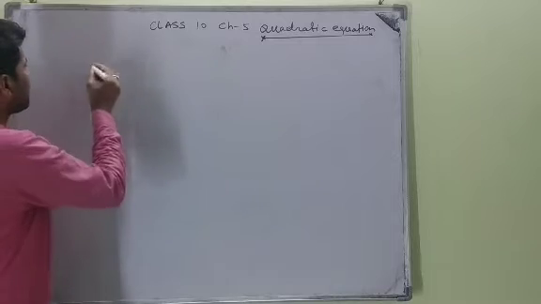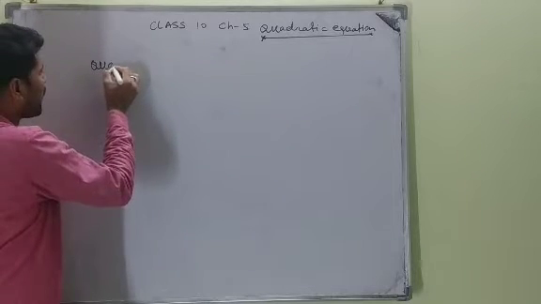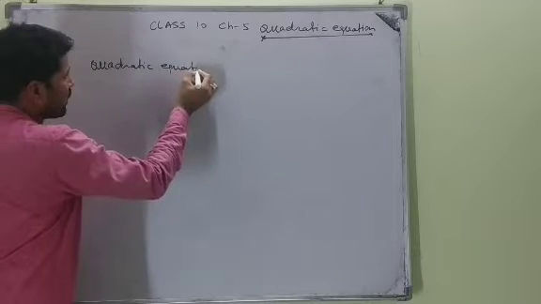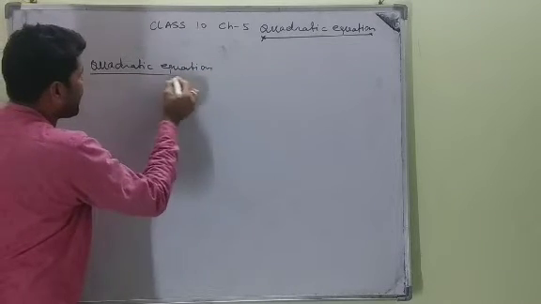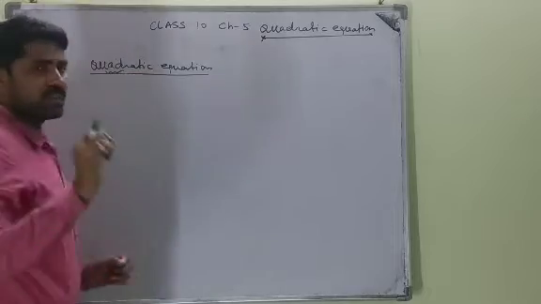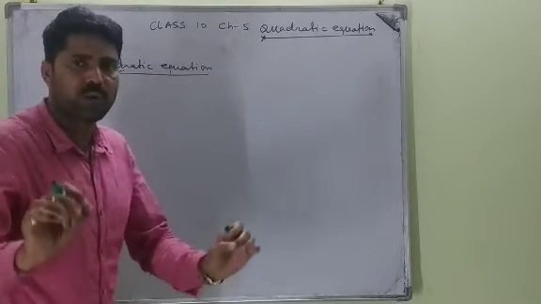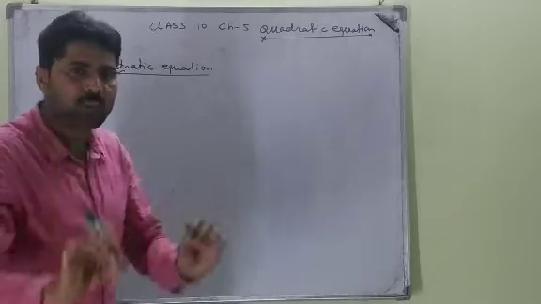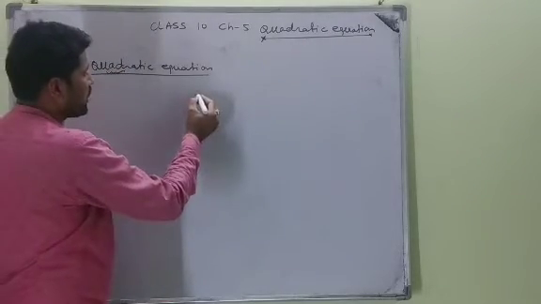So students, quadratic equation. Quadratic means the variable having maximum power 2. Power means degree. Degree means exponent. Same meaning. This is the general form.